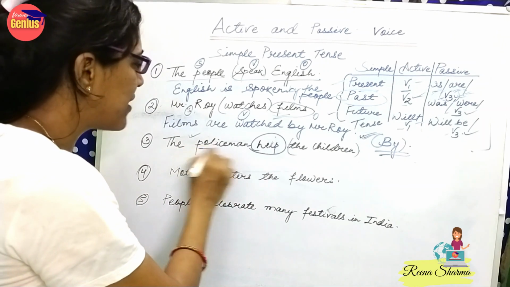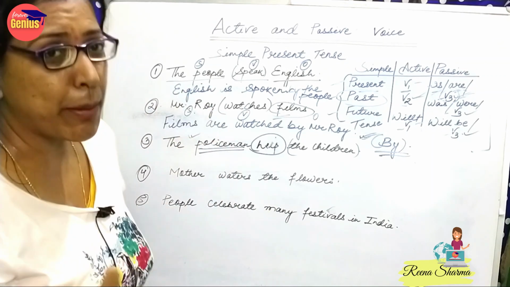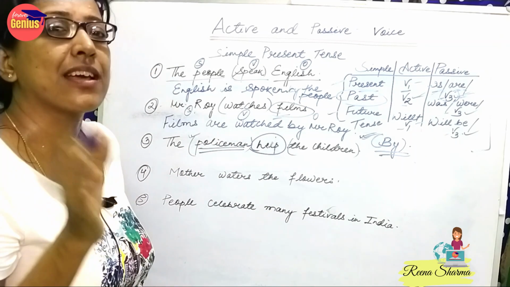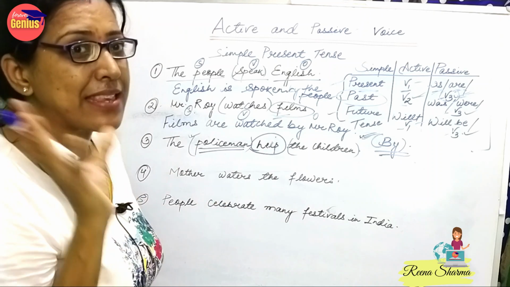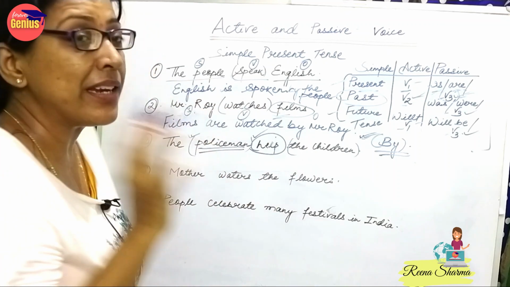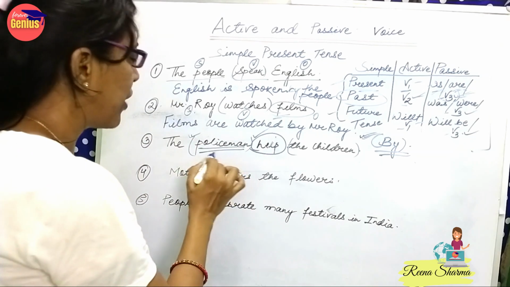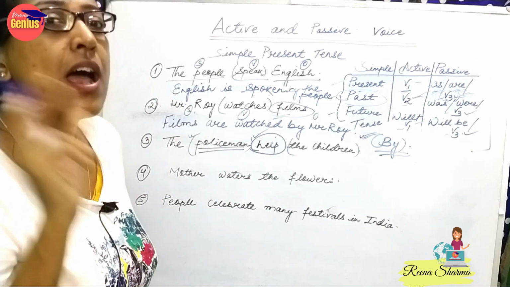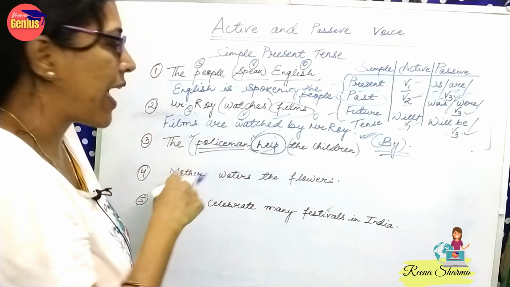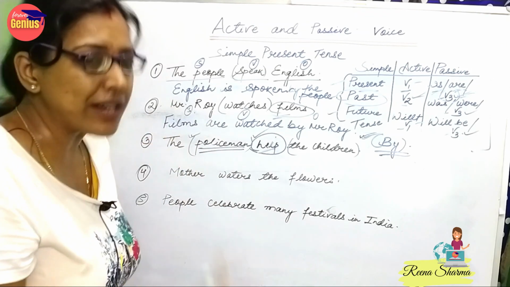Though it is written policeman, do you all remember that when we were studying subject-verb agreement, we dealt with it, that policeman is considered as a group, more than one person. So we have used the verb form in plural. It is considered as plural, not singular.